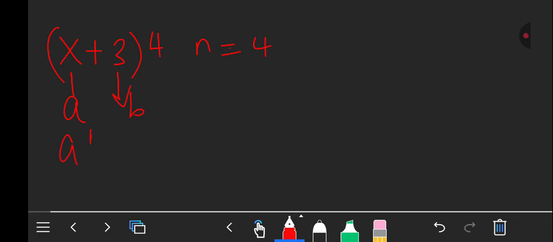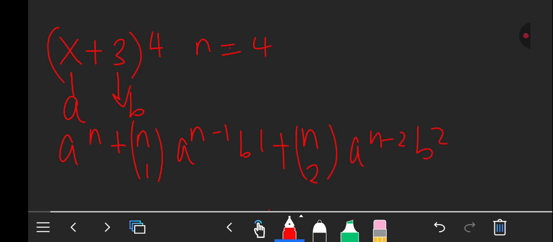So it is a to the power n plus n combination 1, a to the power n minus 1, b to the power 1, then plus n combination 2, a to the power n minus 2, b to the power 2, plus, so you just continue like that. Okay, so you now do the substitution.